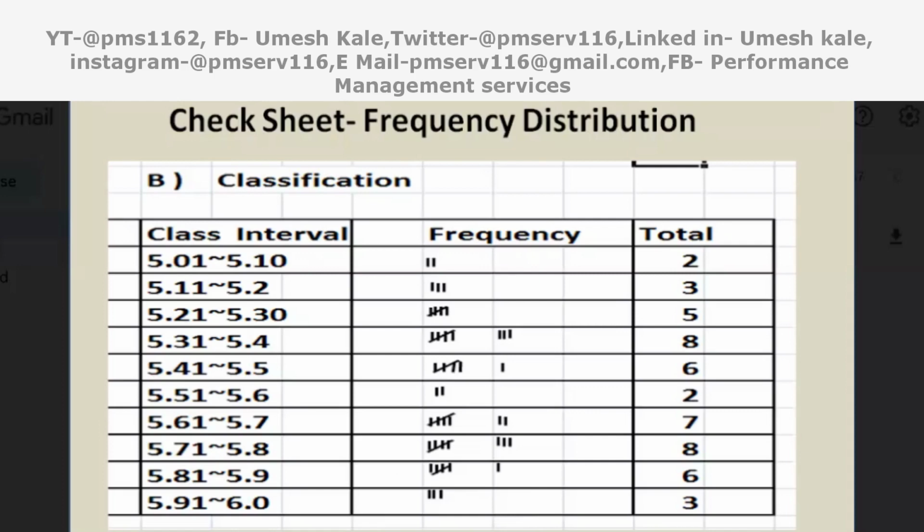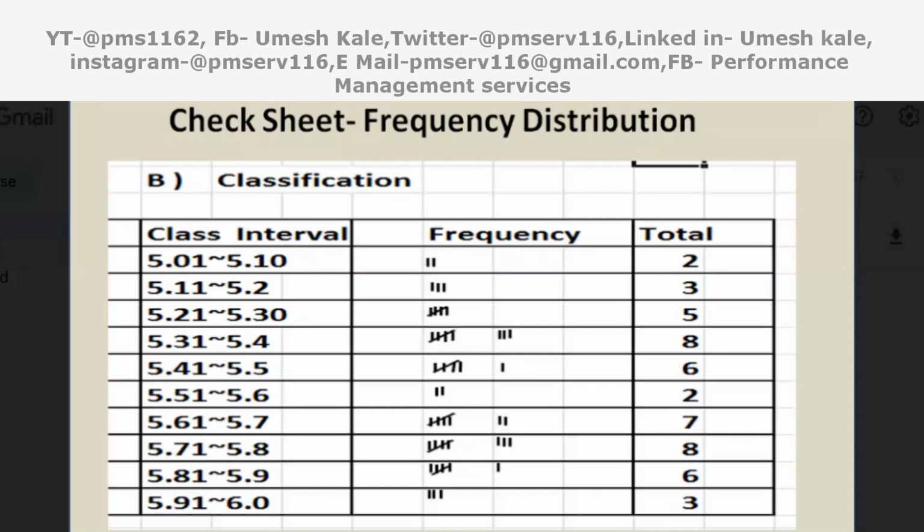In the second class interval, 5.11 to 5.2, there are 3 observations, so we draw 3 lines in the next column. In the third class interval, 5.21 to 5.3, there are 5 observations, so you draw 4 vertical lines and 1 cross line. The cross line indicates that you have completed 5 observations.